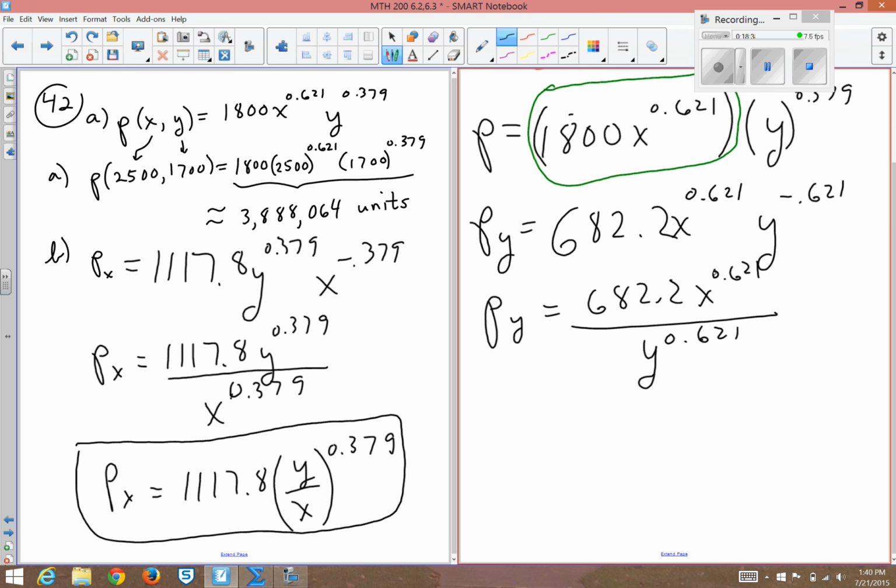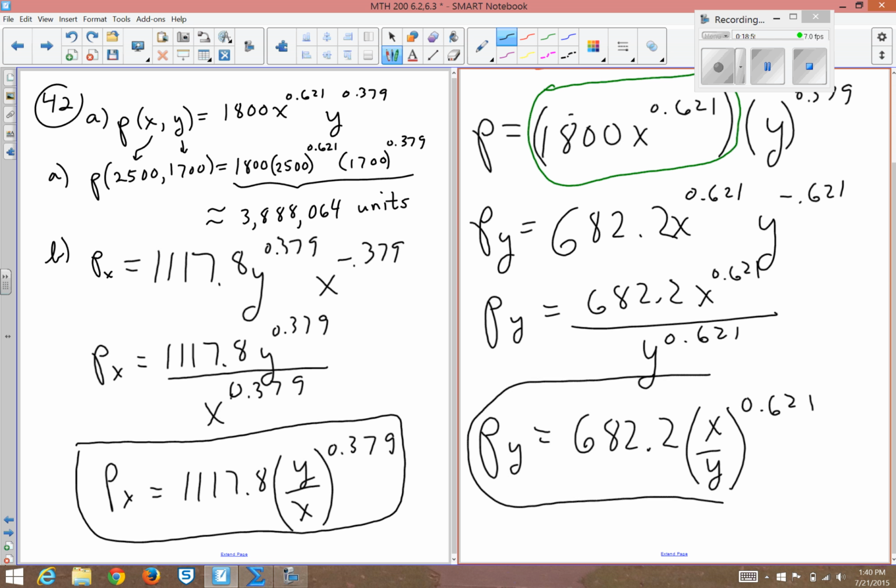And then these exponents happen to be the same. It might be a coincidence. So if you want to write it like this, 682.2, x and y have the same exponent, so we can put x over y in that order, x over y in parentheses, that whole thing raised to the 0.621. That's the marginal productivity with respect to y.